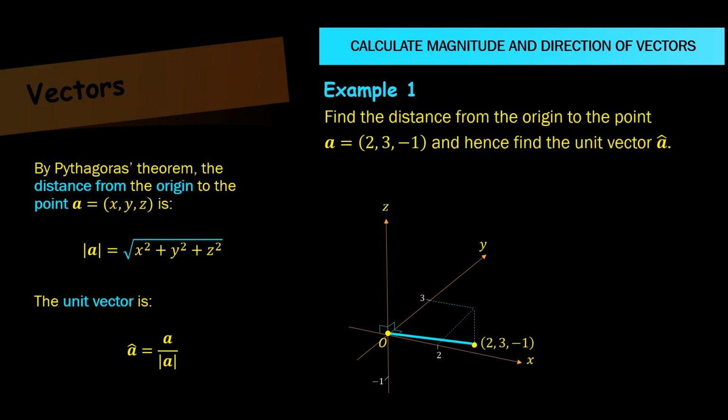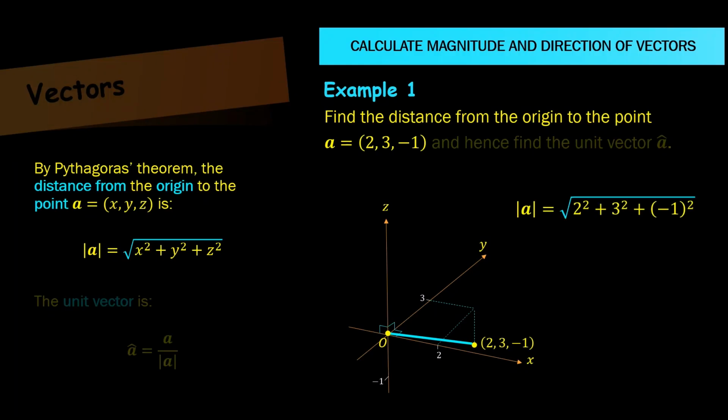Let's take a look at an example. We are required to find the distance from the origin to the point a equals (2, 3, -1), and hence find the unit vector a hat. So mod a equals the square root of 2 squared plus 3 squared plus (-1) squared, and this equals square root of 4 plus 9 plus 1, and this equals root 14.